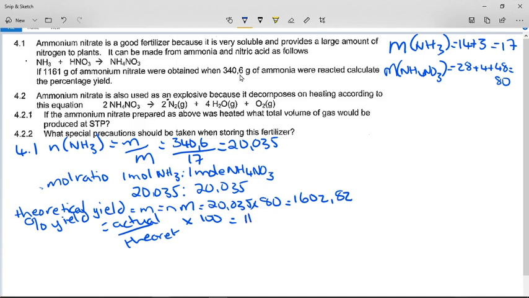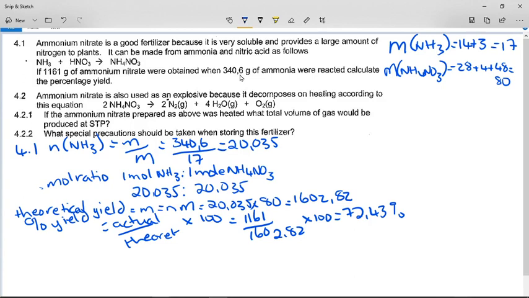So it's 1161 over 1602,82 times 100 to get a percentage, so this is going to be 72,43%.